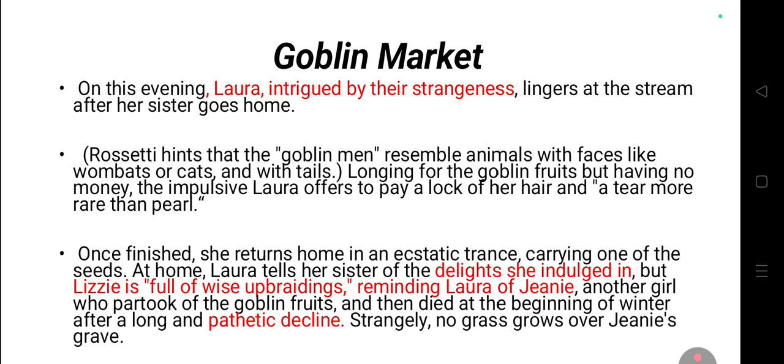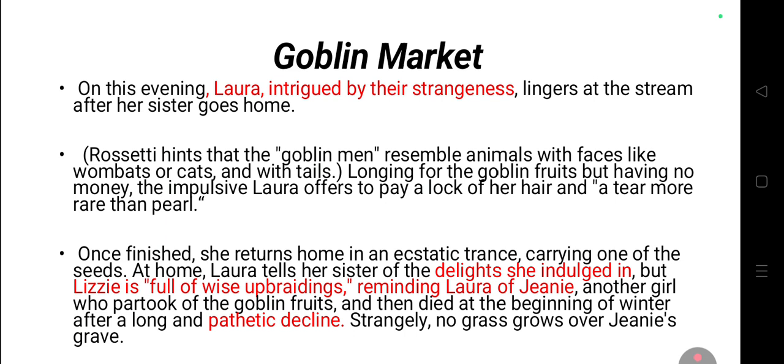So Laura was intrigued by their strangeness, means the kind of fascination that she started having for them. So she remains there at the stream even when Lizzie departs for home. Lizzie goes, but Laura waits.